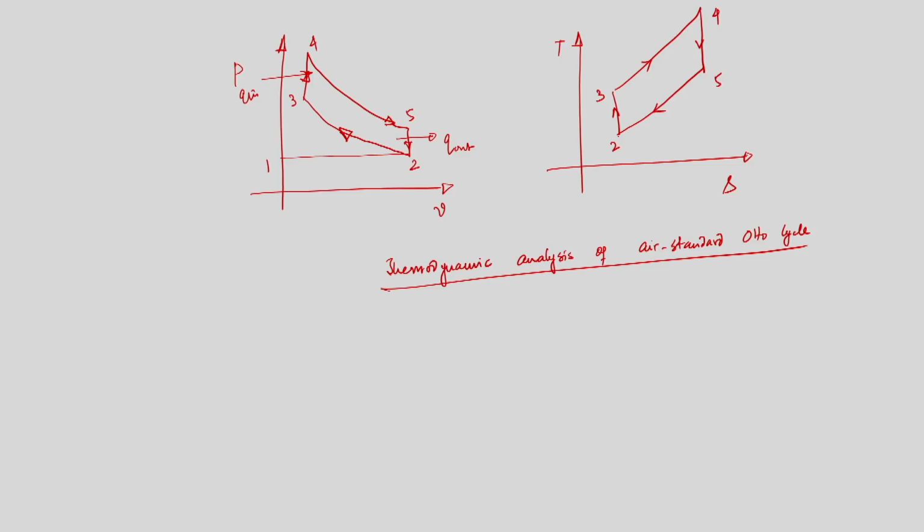Before I discuss the analysis, the different processes, work done and heat addition, we are assuming, although it is not pure air, there will be an air plus fuel mixture, that this is an air standard cycle. So, we will be using ideal gas relationships, that is very important.